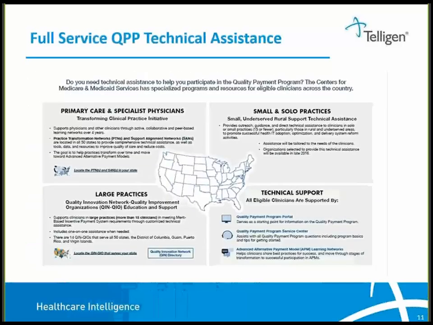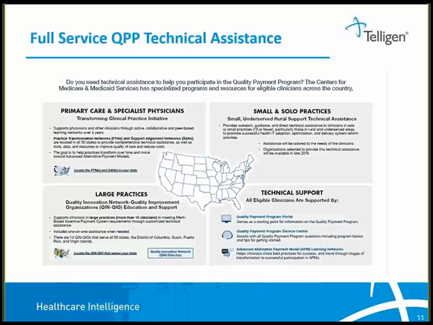This is Michelle. This slide here is a slide that if you've watched CMS webinars, you've seen this slide. This is proof that CMS really wants to make sure that there's assistance available for the Quality Payment Program for every practice size and every state. And so if you're a small practice, like the hypothetical scenario, you have the SURS organization available to you.